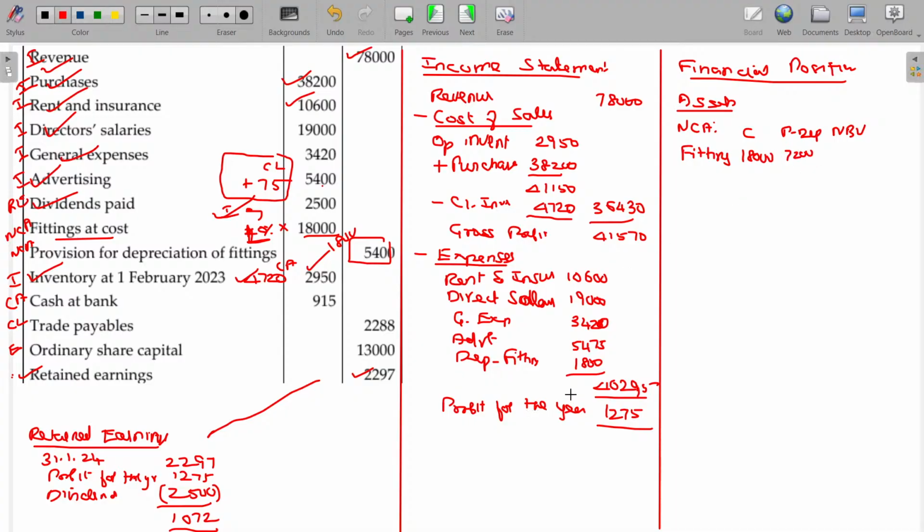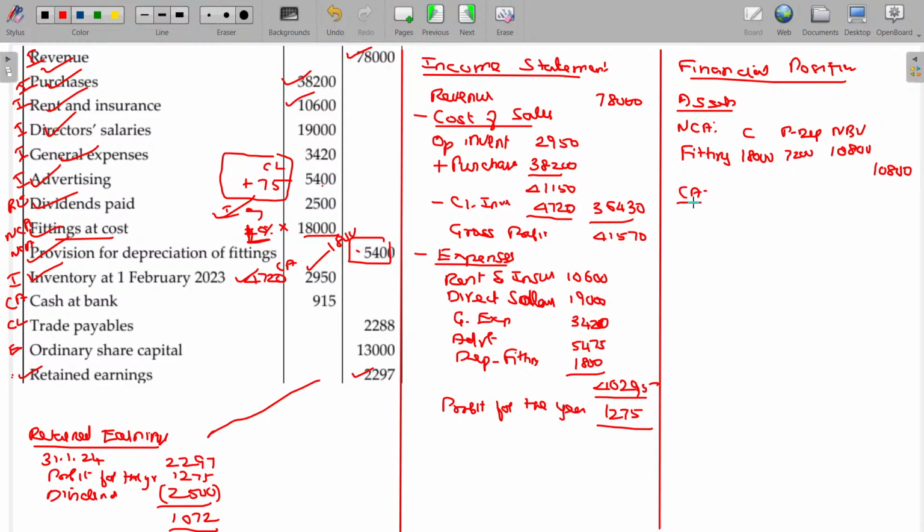So when you calculate new depreciation, that should also be included in the provision for depreciation. Thereafter, the increased provision for depreciation will be subtracted here. 10,800. Okay. So 10,800 being the non-current assets.